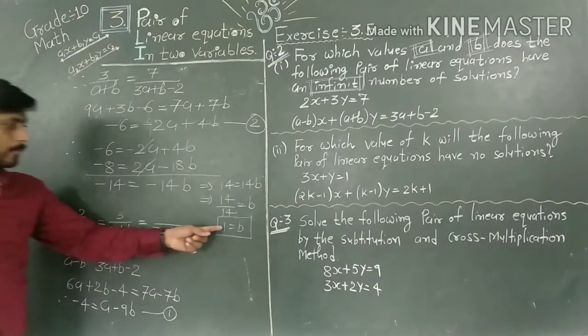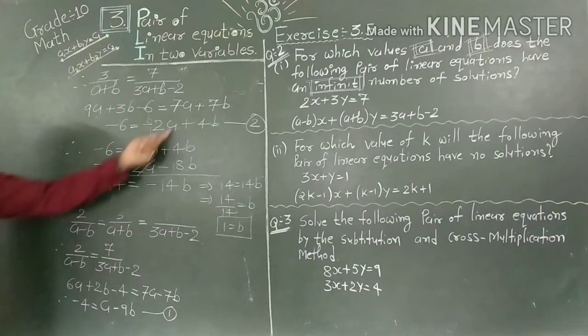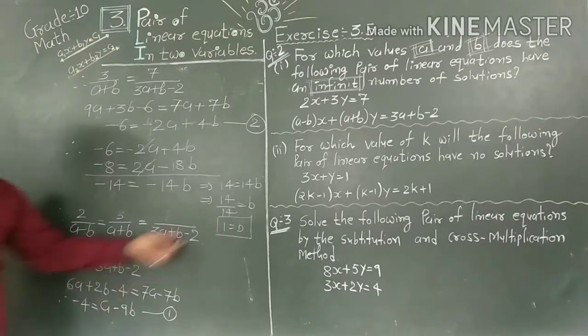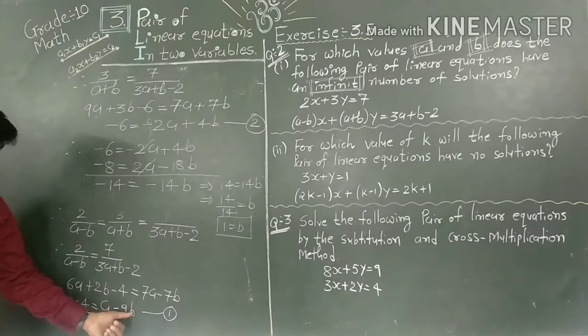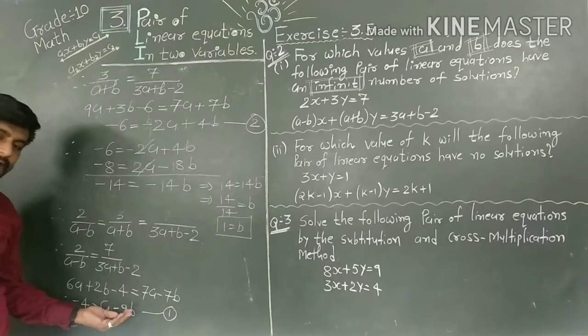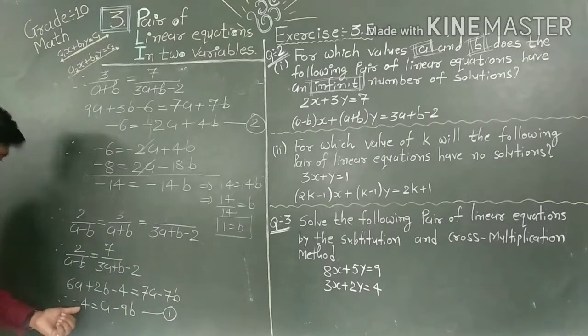Now put this value in any equation, equation number 1 or equation number 2. I put b is equal to 1. We calculate in mind. That means here minus 9. If I transfer minus 9 to the left side, it becomes plus 9. 9 minus 4 is 5.